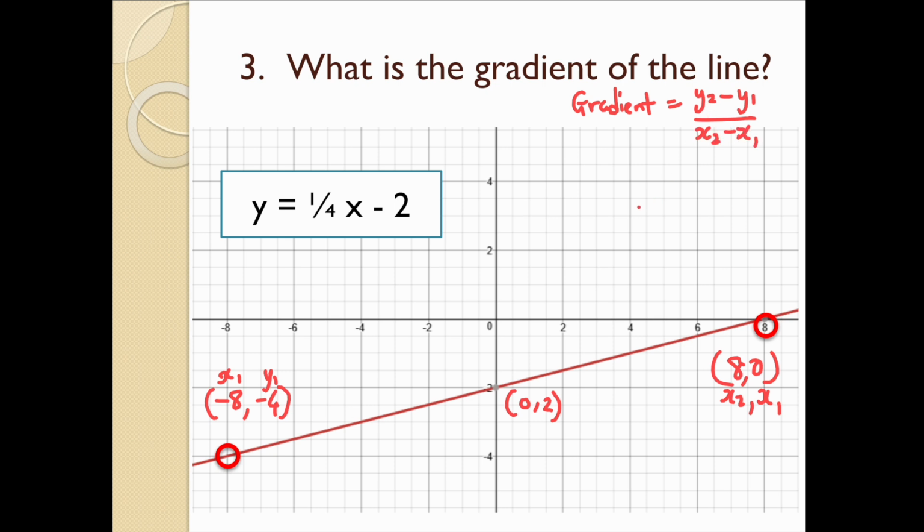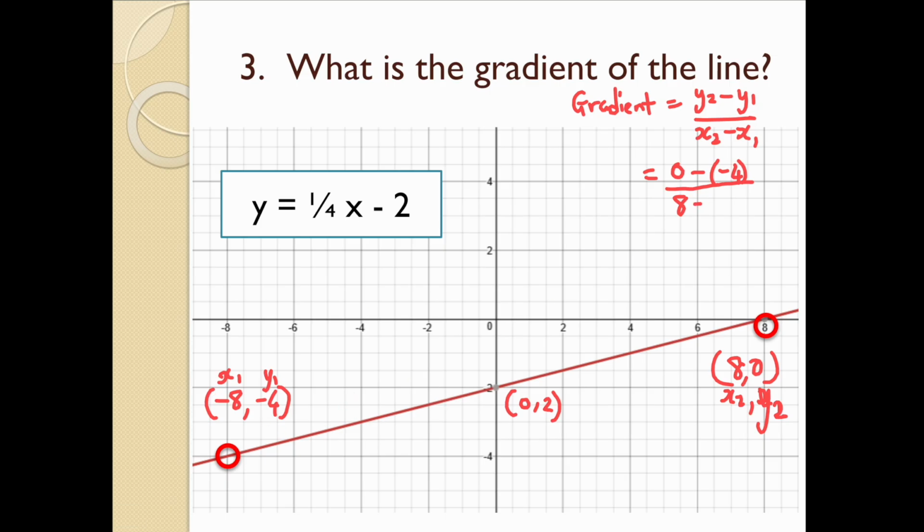Now y2 is equal to, this should be y2, sorry. So y2 is equal to 0 minus y1, so 0 minus y1, which is minus 4. Don't forget that. It's tempting to forget the negative part when you already put a minus here. Now it's x2, which is 8.